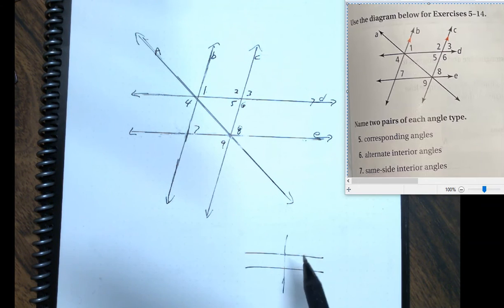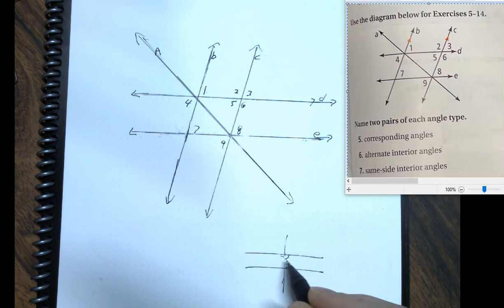So basically what we're looking at is the angles within, because the same side interior angles need to equal 180 degrees. That's one of the rules for the same side interior angles.